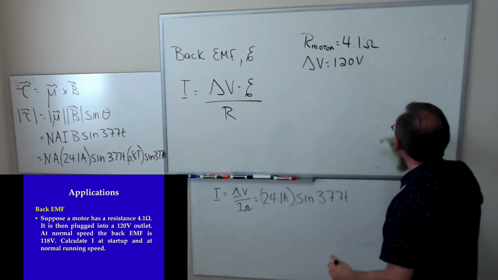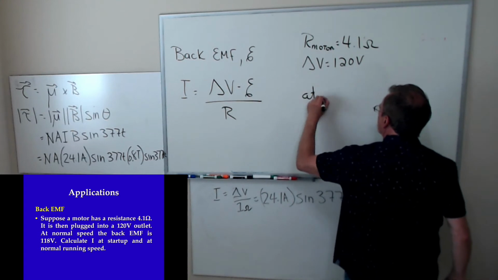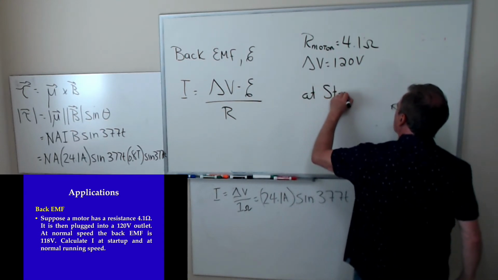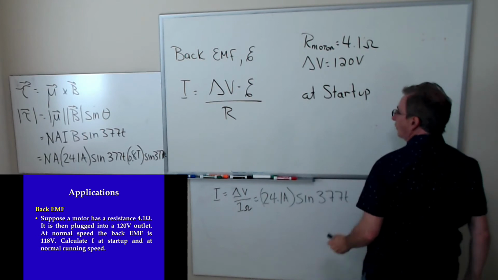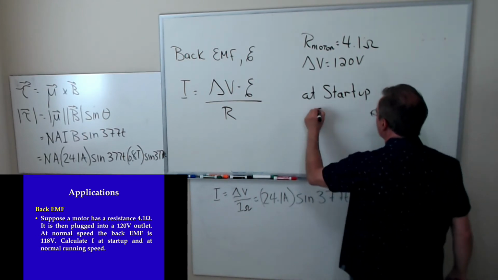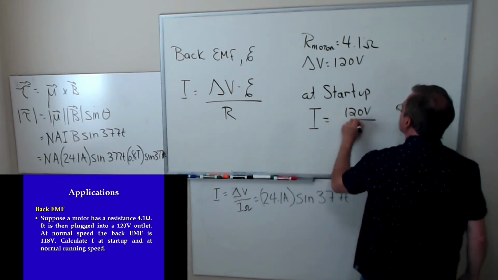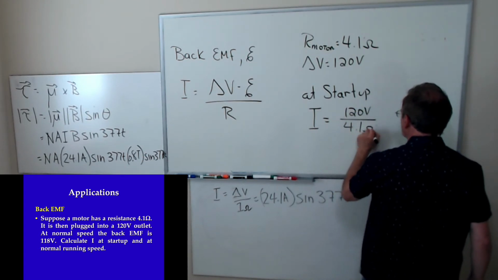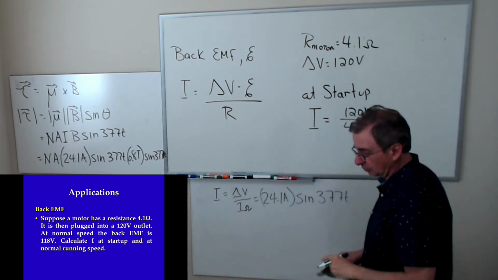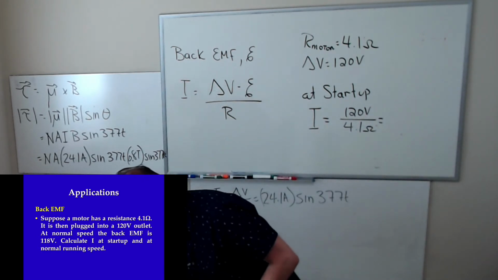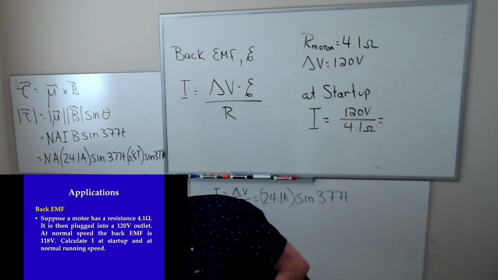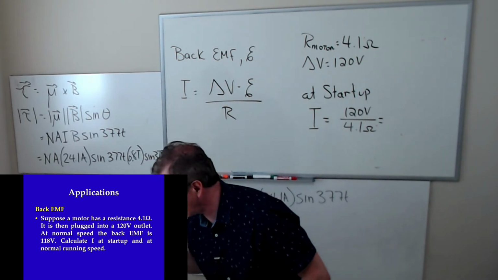So at startup, when there is no back EMF, the current is going to be 120 volts divided by 4.1 ohms, which comes out to something like 29 amps.